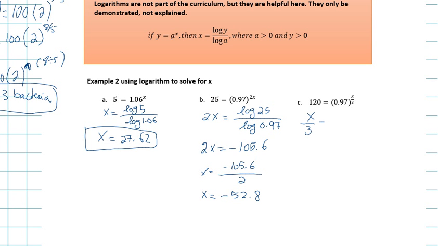What's log of 120 over log of 0.97? Negative 157.18. Okay, now what do you do to find the final answer? Multiply by 3. And the answer is going to be 471.5.